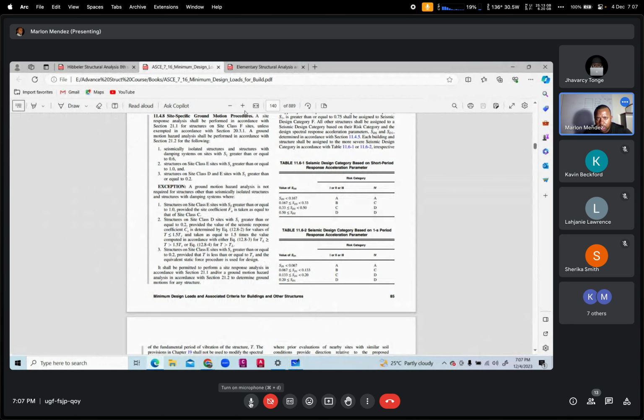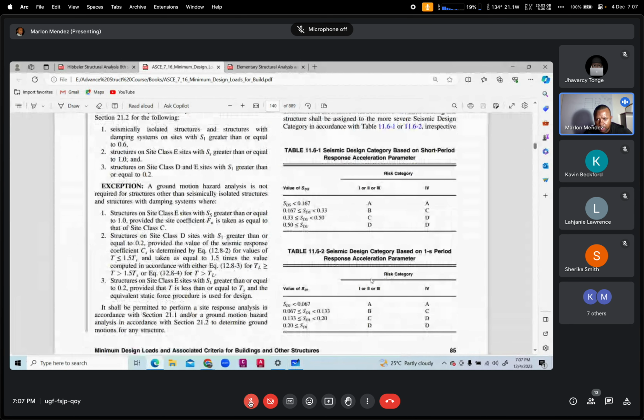So this is a table, and based on the design spectral acceleration that we're dealing with, you have SDS and SD1. This is where you go to determine the design category. But in this case, let's go back to the board.